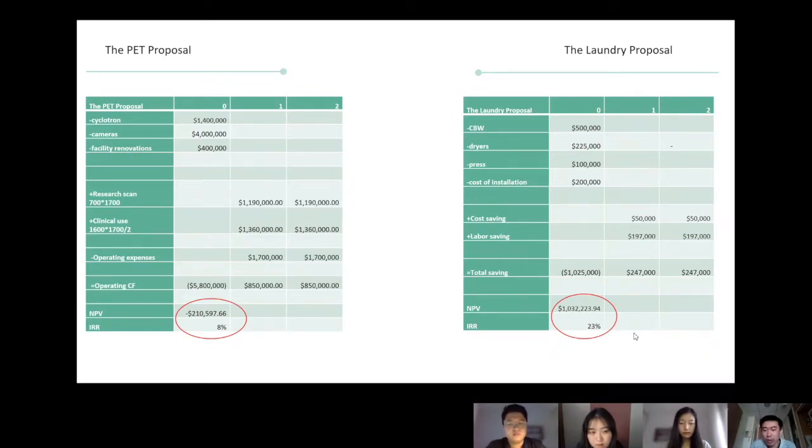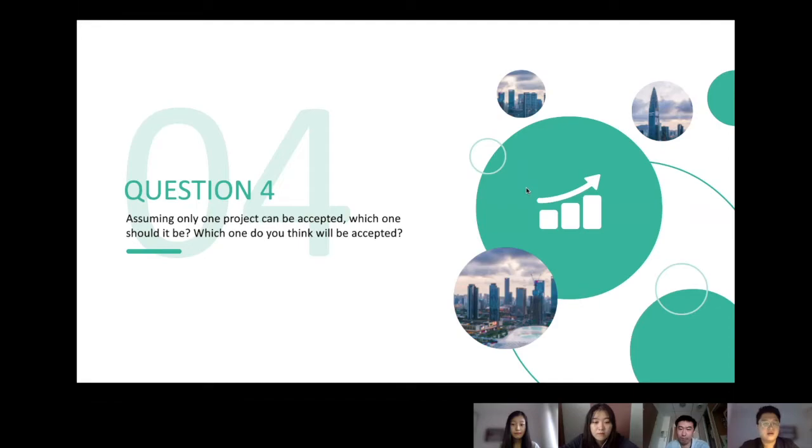So we support the laundry project in terms of data. However, the laundry project is not an essential item to maintain operations, and the durations of the two projects are different, so NPV and IRR are not the only indicators. We need more analysis. And now we're going to move on to the fourth question. The question is about how we make a decision.